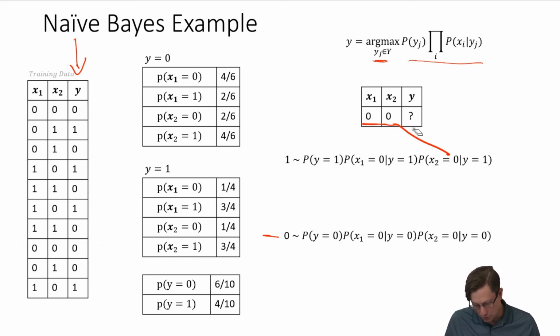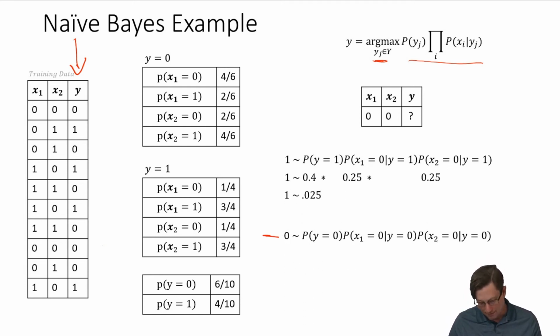So then you could just look those numbers up in your table, and here we go. Oops, the table for 1 is on the bottom side. But anyway, it doesn't matter. That's where you would draw those numbers from, and then you could fill those in, and your estimate here is 0.025 for the class label being 1.